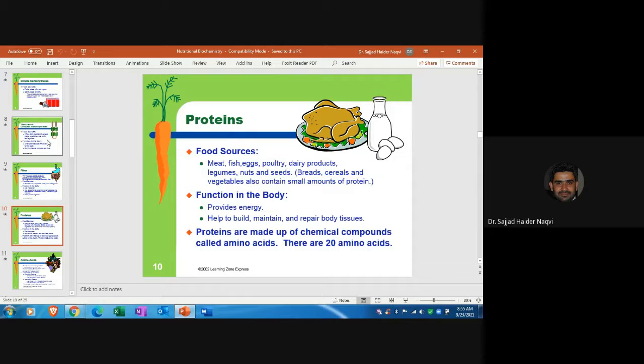The food sources which are rich in protein are all meat sources, fish, egg, poultry, dairy products, legumes, nuts and seeds. Breads and cereals also have some amount of protein in them as well.